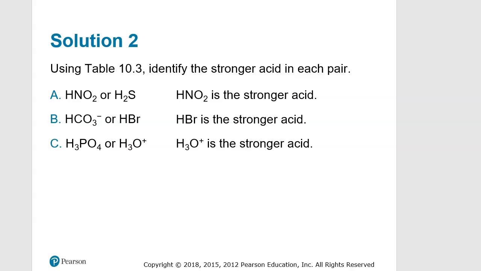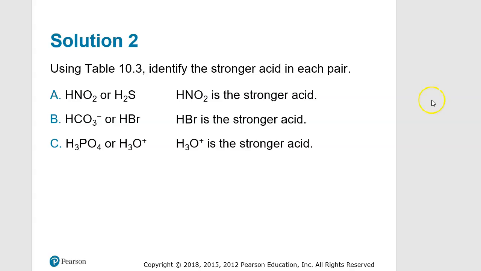Again, we don't need Lewis acids because we're in aqueous solution. We're talking biochemistry here. Living things are in water. They're not in tetrahydrofuran or diglyme or whatever. So just know that they exist.